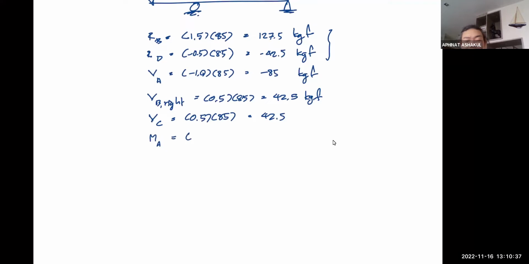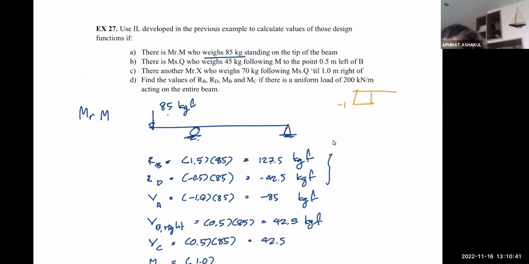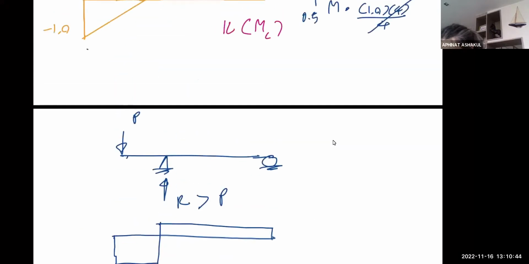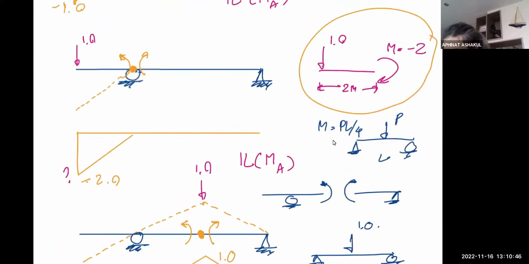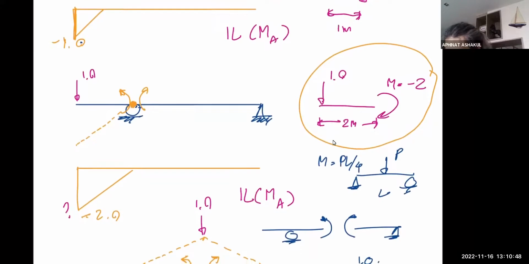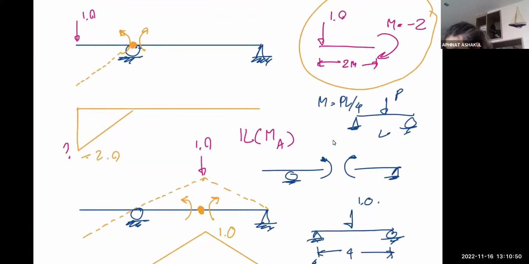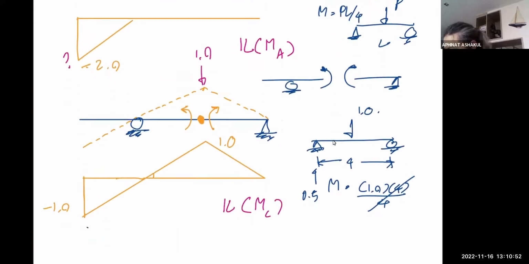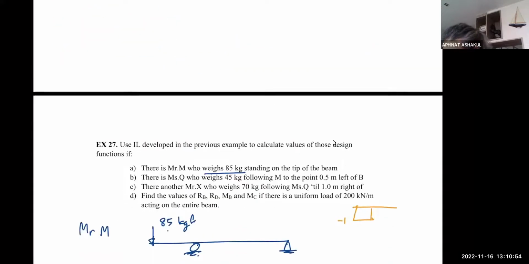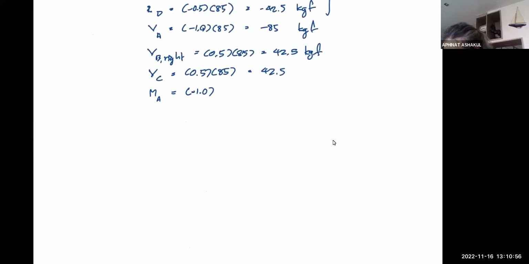Now we have MA. MA is 1, right? Am I correct? Yeah, MA is minus 1, MB is minus 2, and MC is minus 1. Let us take minus 1 times 85. So this is minus 85, but the unit is now kilogram meter.